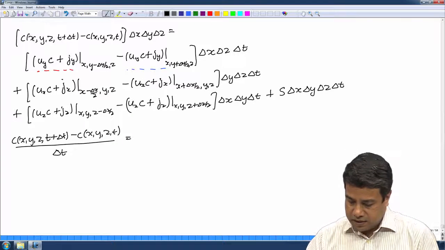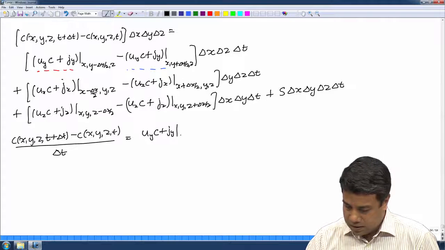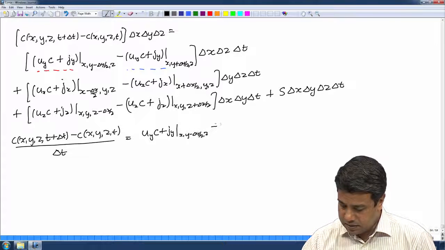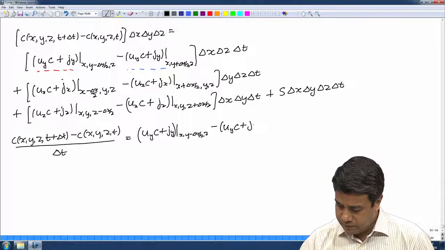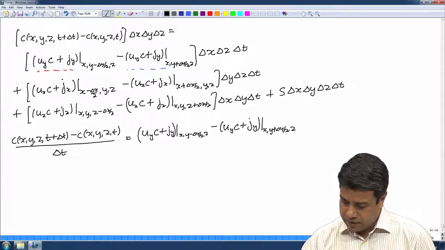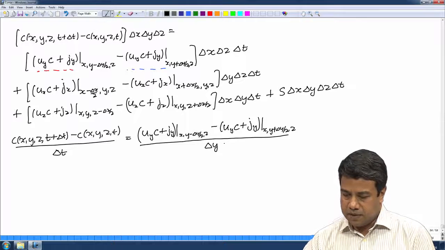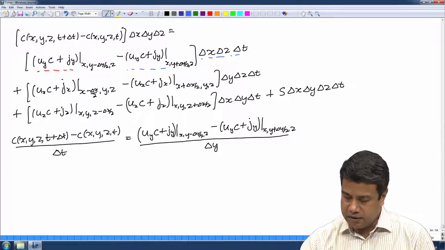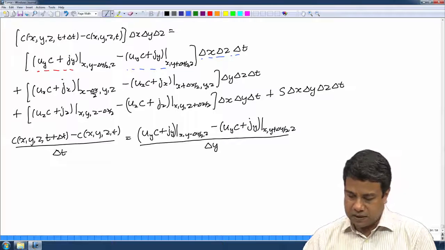On the right side, I will get u_y c plus j_y at (x, y minus delta y by 2, z) minus the corresponding term at y plus delta y by 2, the whole thing now divided by delta y, because I had a delta x, delta z here and delta t, and they divided throughout by volume and time. So, this is what I will get for the y direction.